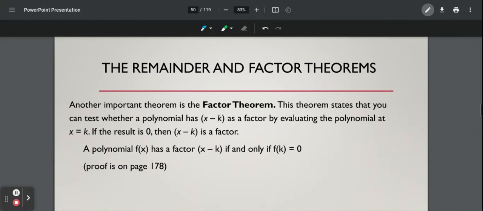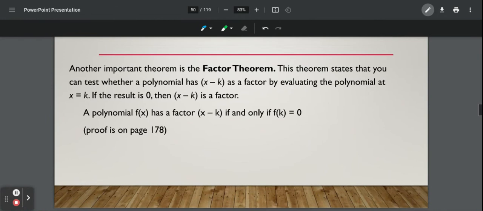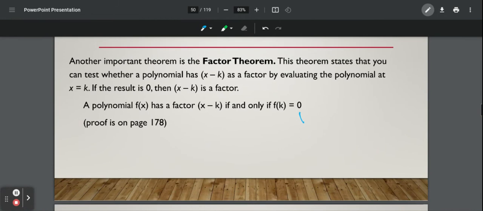So another theorem is the factor theorem, which is this exact same process as the remainder theorem, but what it says is that if you get 0 when you plug the number in, then that x minus k is a factor.